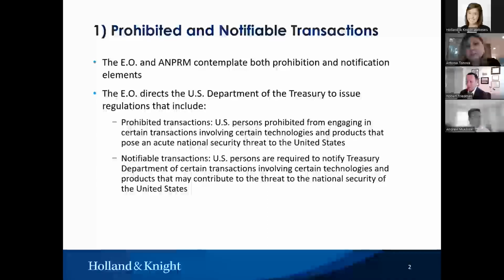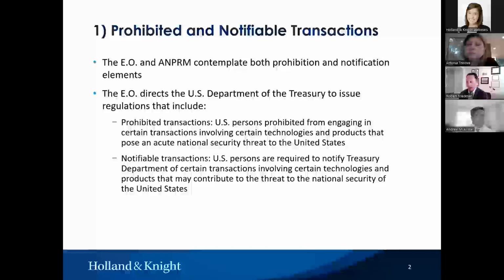So as I mentioned, the proposed rules outline a program that would either prohibit or require notification to Treasury of specified investments by U.S. persons into foreign entities engaged in activities related to technologies or products of national security concern. Notifiable transactions, which is the broader bucket of transactions, are categories of transactions that involve technologies and products that may contribute to the threat to national security of the United States.